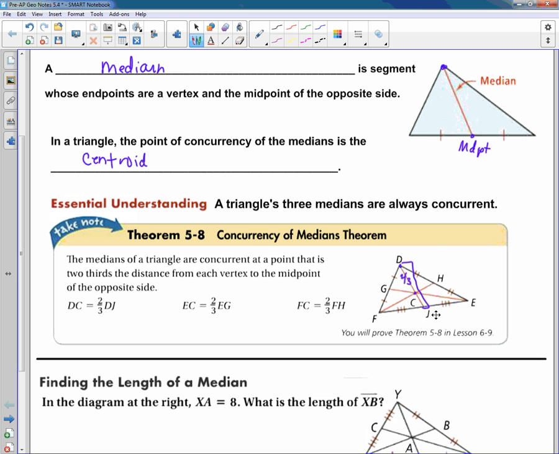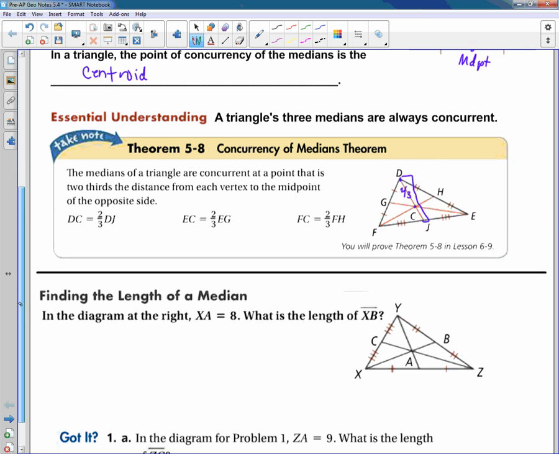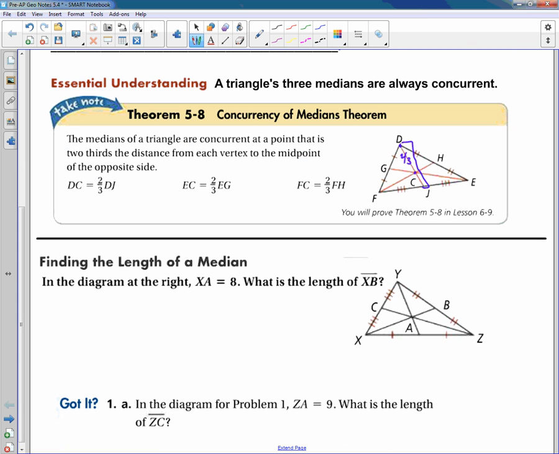And then EC, right, is 2/3 of EG, and FC right here is 2/3 of FH. So we'll use that in order to find the lengths of the different sides.